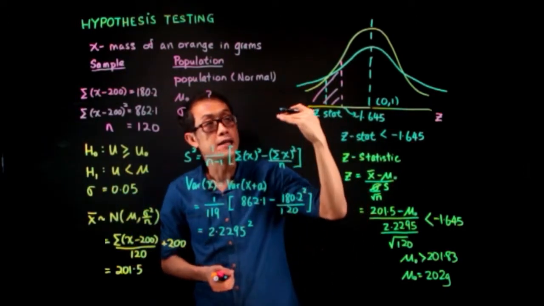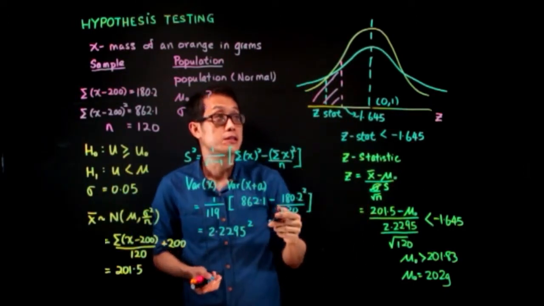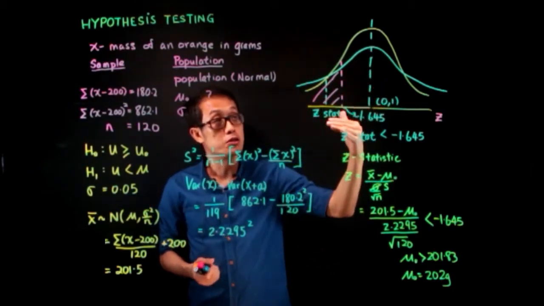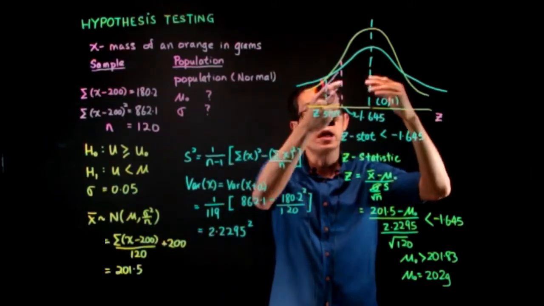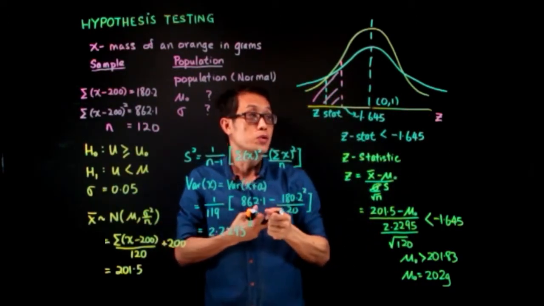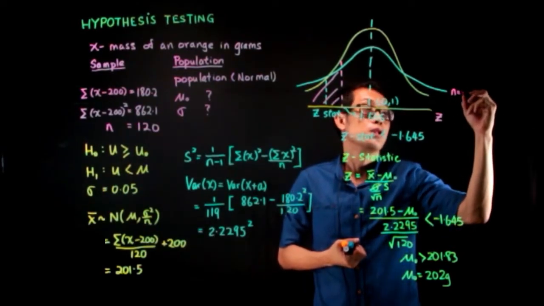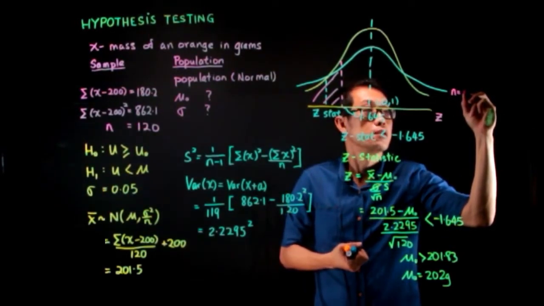But as the sample size increases, you will find that your t-distribution will be closer and closer to the normal. So imagine this is n equals to, let's say, 70.